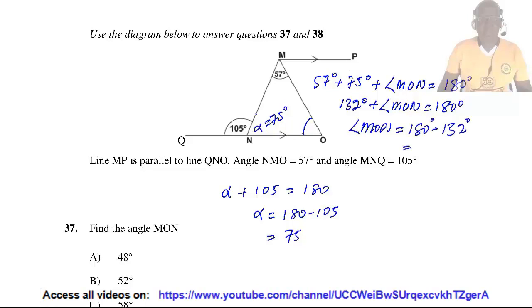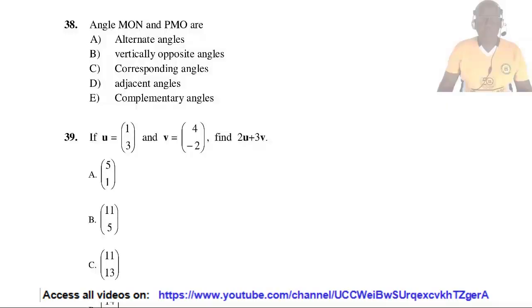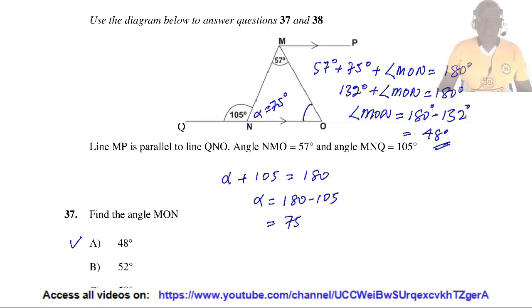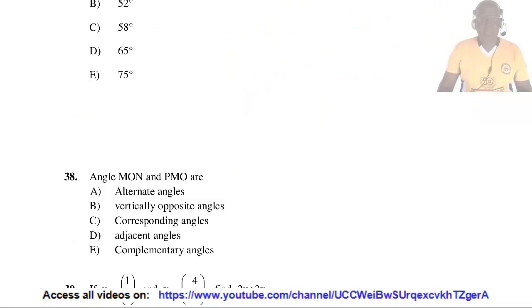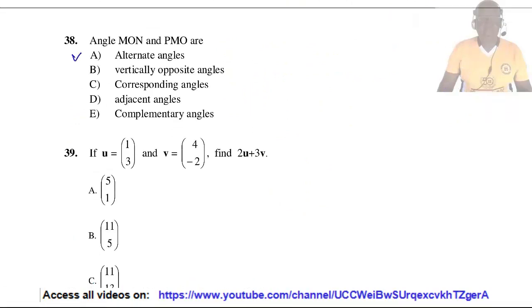So the answer is 48 degrees. That is A. Question 38. Angle MON and angle PMO. Let us go back to the diagram. That is angle MON and that is angle PMO. They are alternate angles. So the answer is A.